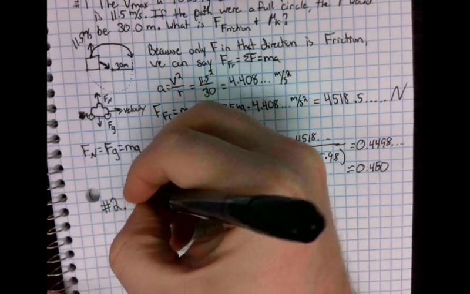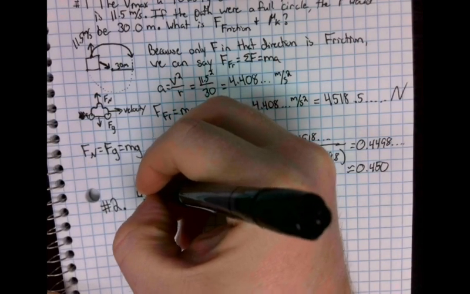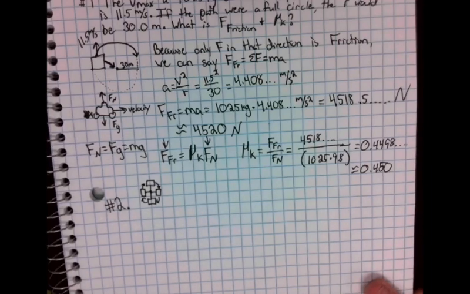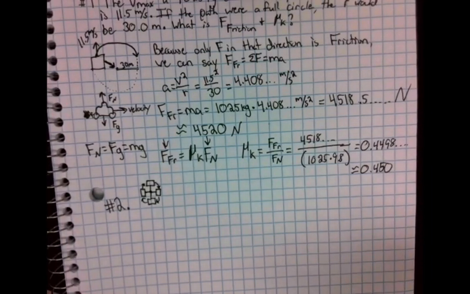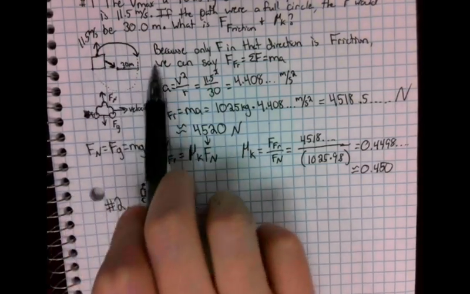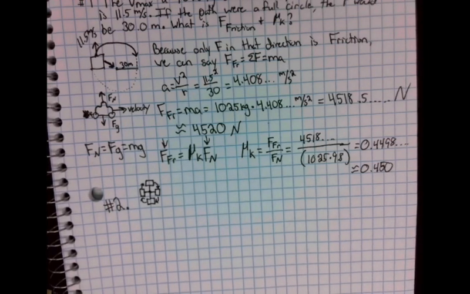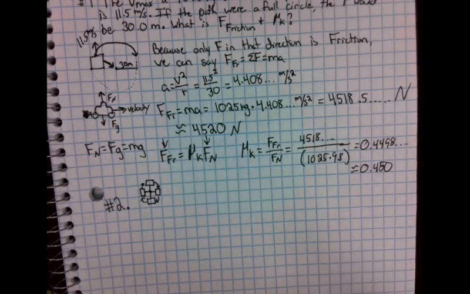I'm going to draw some arrows to help us visualize it. So we have a bucket that's spinning in a circle, but this time it's a vertical circle. It is not a horizontal circle. So here, this was going in a horizontal circle, which meant that the normal force and gravity weren't really affecting anything. But now that it's a vertical circle, gravity is actually going to have to be involved. We're going to have to consider gravity in our calculation.